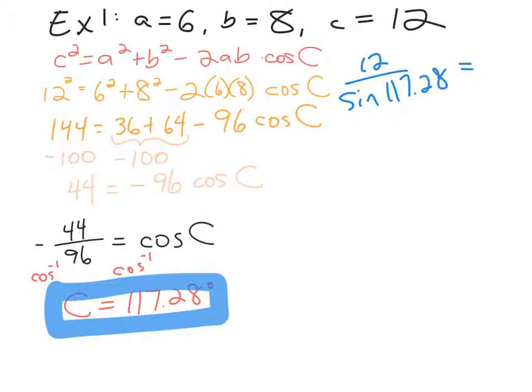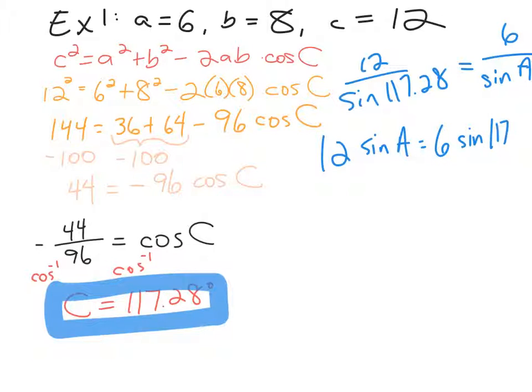I'm going to go ahead and do angle A. So 6 over the sine of angle A. And then when we cross multiply and solve, we're going to get 12 sine A is equal to 6 sine 117.28. And then when we divide by 12, we're going to get our sine A is equal to this fraction right here.